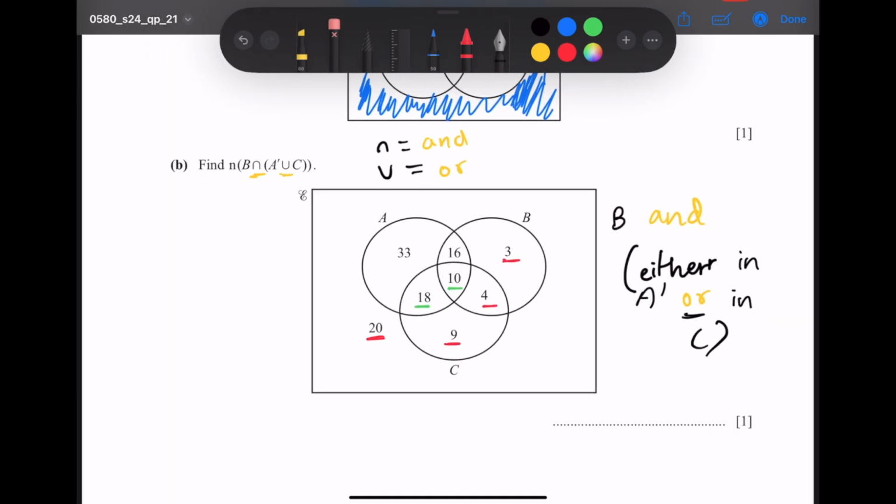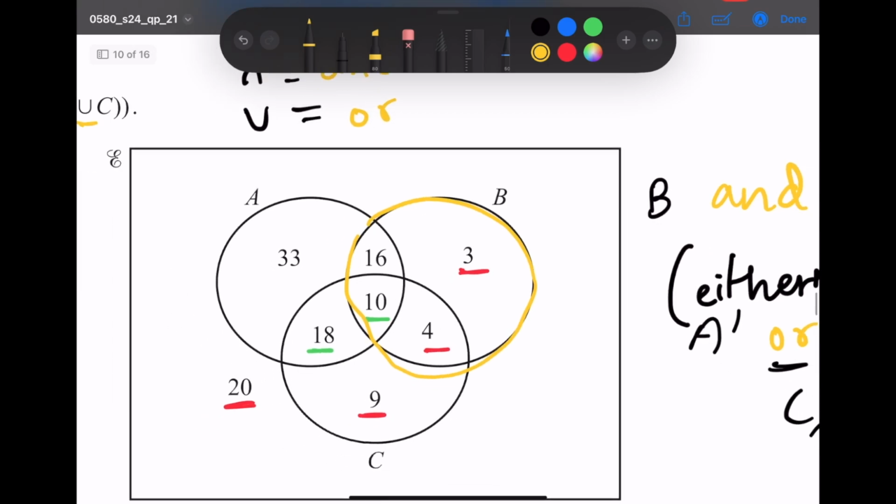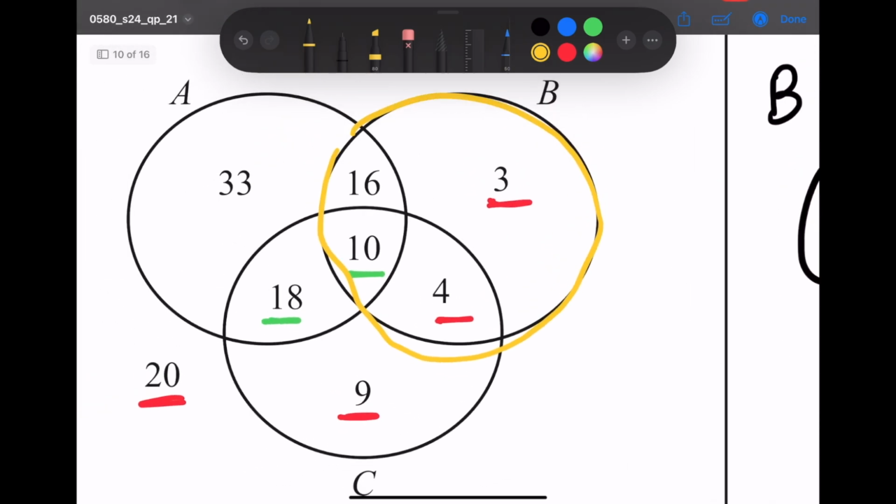But the question is asking for the elements that are both in B and in either A prime or in C. So if we circle B as a yellow circle, the question only wants the selected elements that are also within B. So in this case, we have 10, 4, and 3.